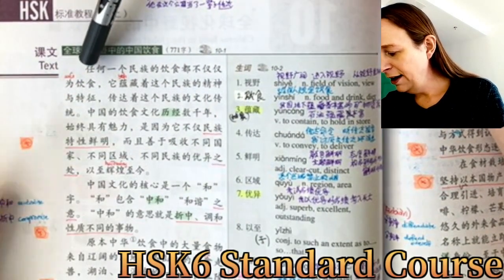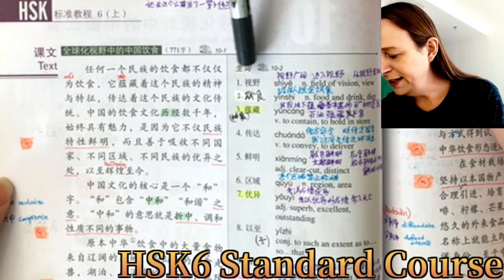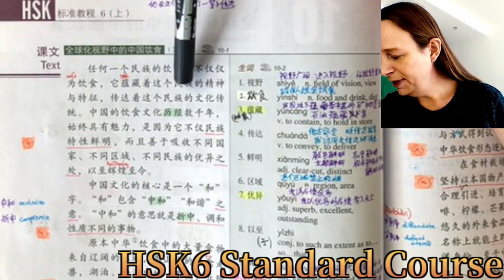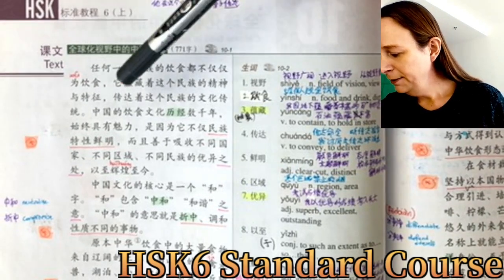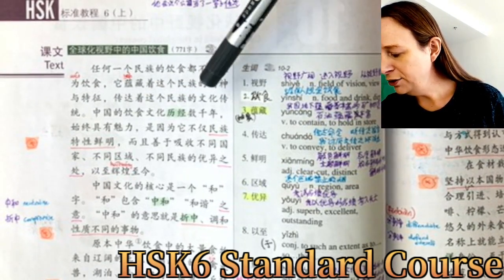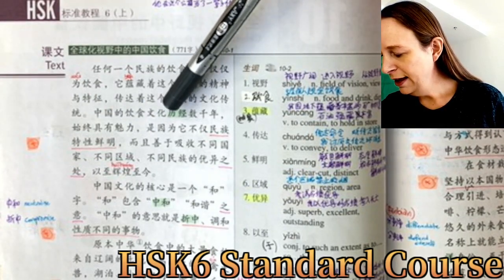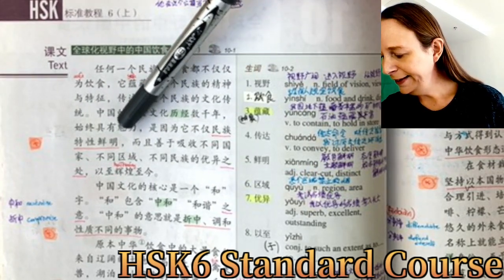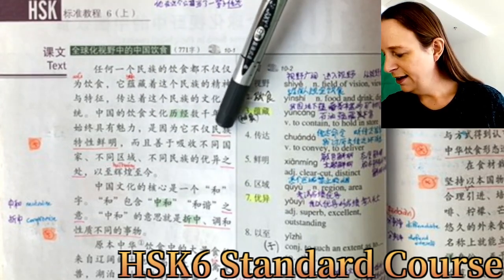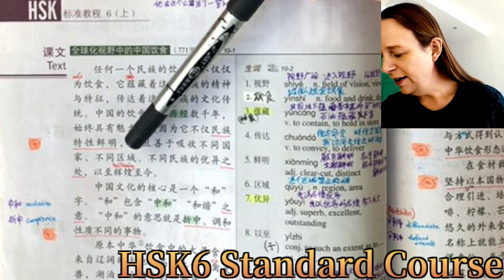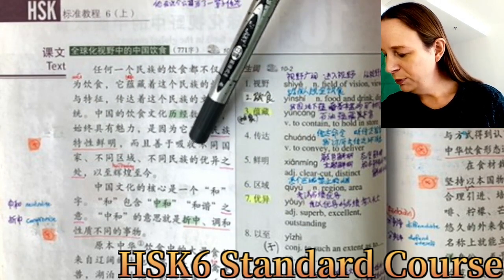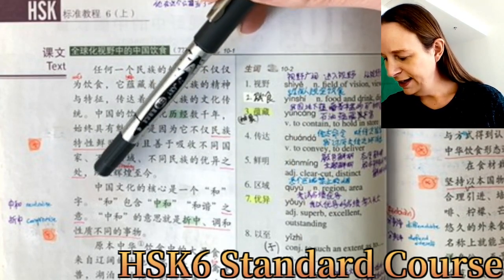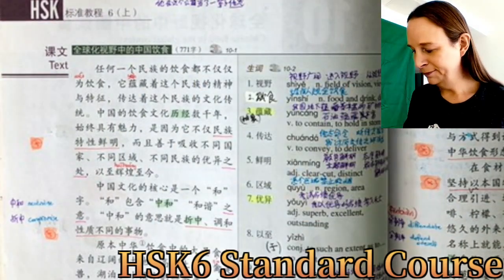任何一个民族的饮食都不仅仅为饮食，它蕴藏着这个民族的精神和特征，传达着这个民族的文化传统。中国的饮食文化历经数千年，始终具有魅力，是因为它不仅民族特性鲜明，而且善于吸收不同国家、不同区域、不同民族的优异之处，以致辉煌至今。So do you get it?